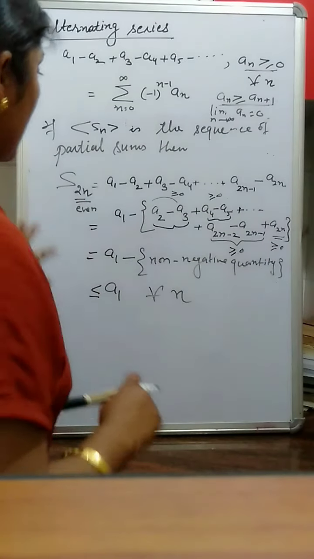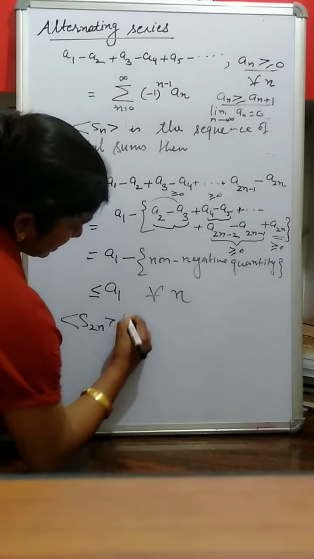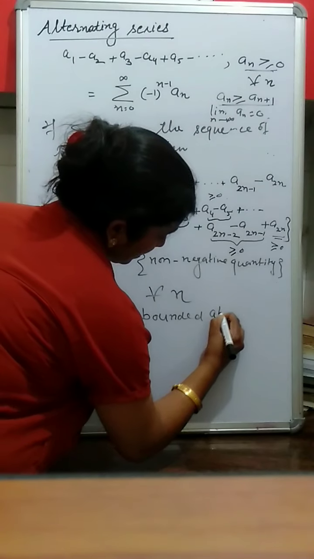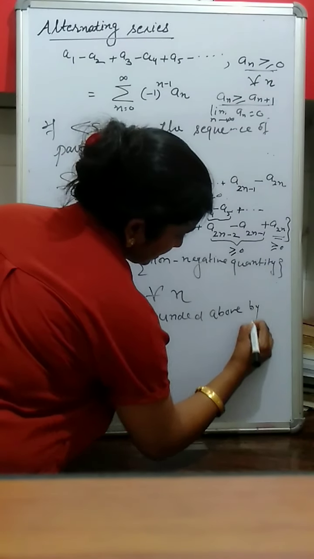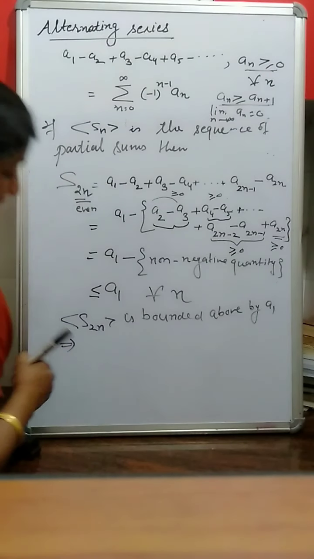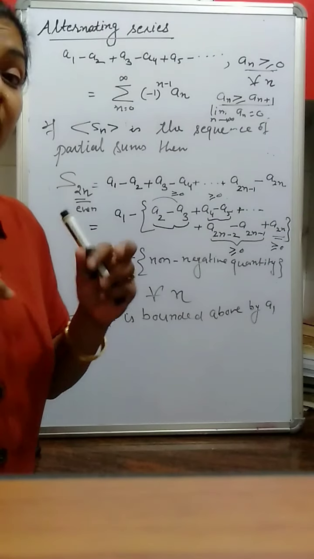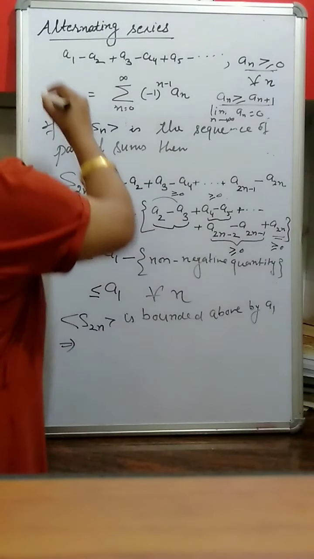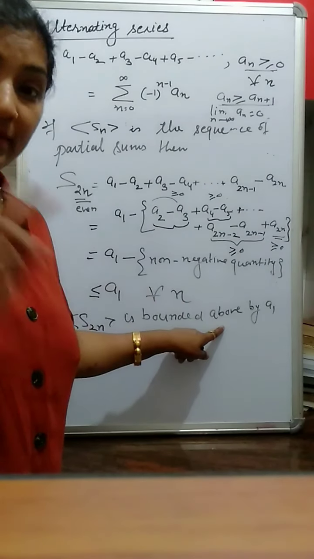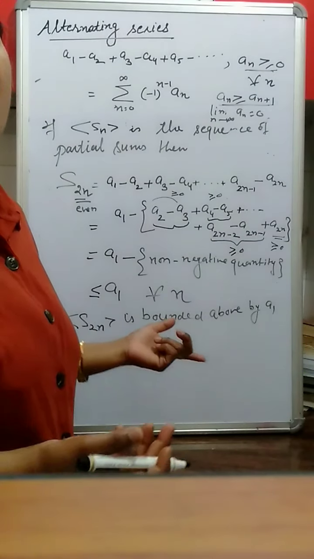So the sequence of partial sums S2n is bounded above by a1. If I can prove that S2n is monotonically increasing, then since it is bounded above, it must be convergent. So let us now prove that S2n is monotonically increasing.